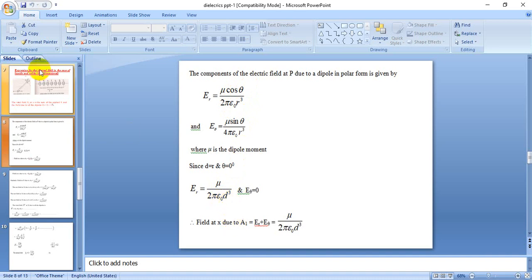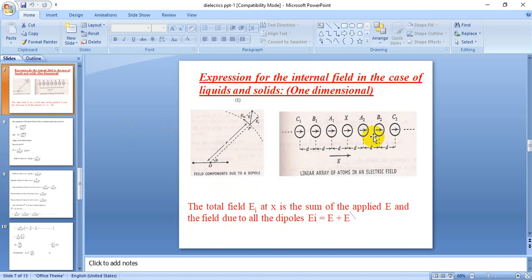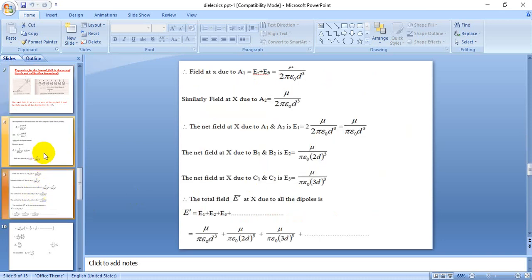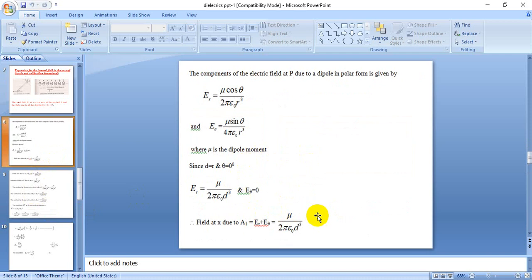Now we need to find out, just look at the picture once again. Here X is a dipole which is at a distance d from A1. So A1 and X are separated by a small distance d. That's what we are going to explain here. The field at X due to A1.